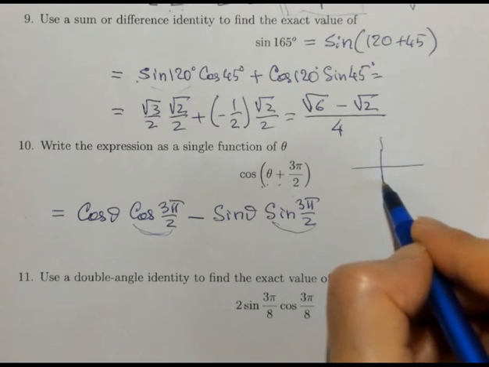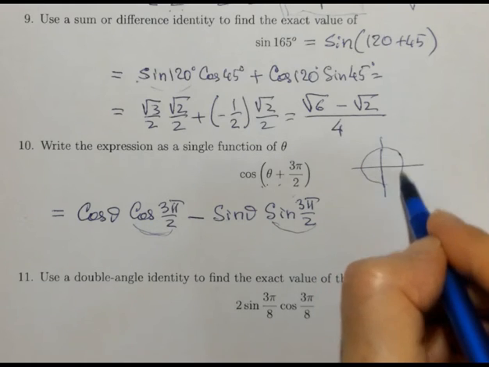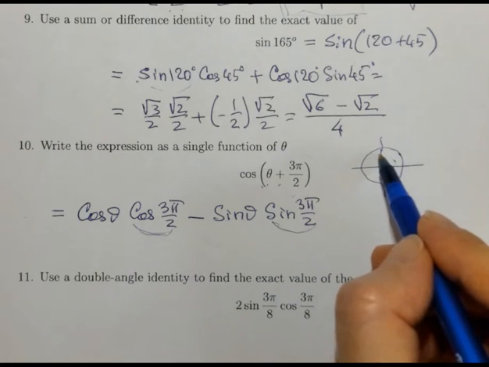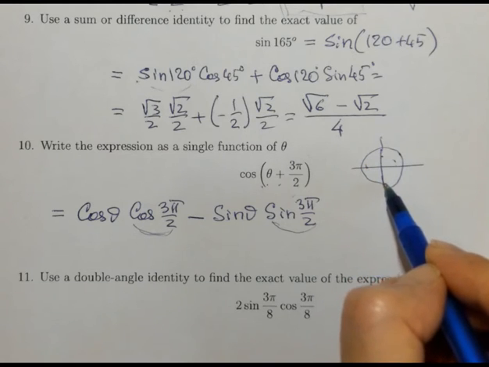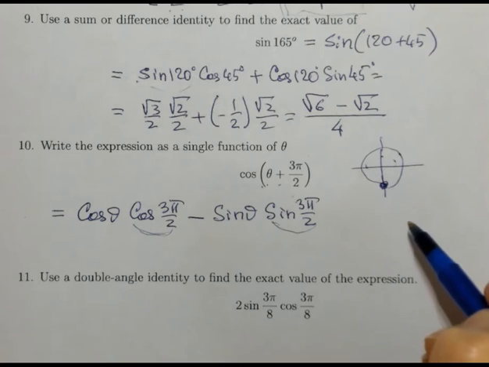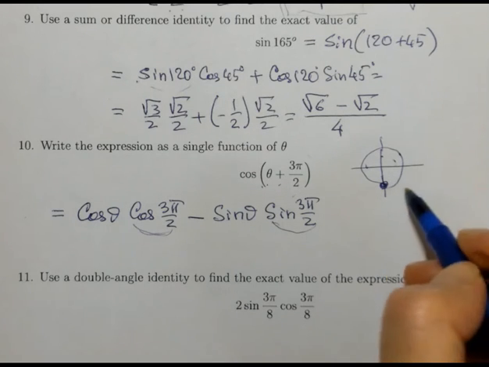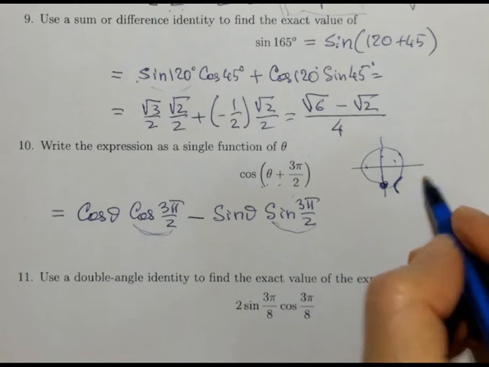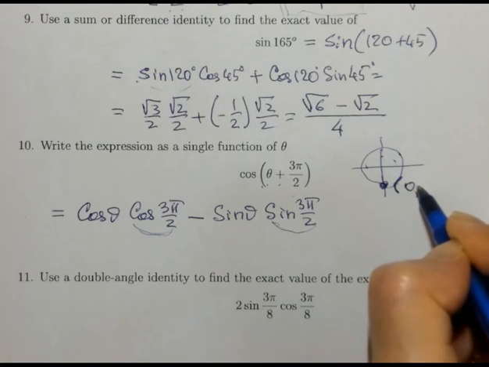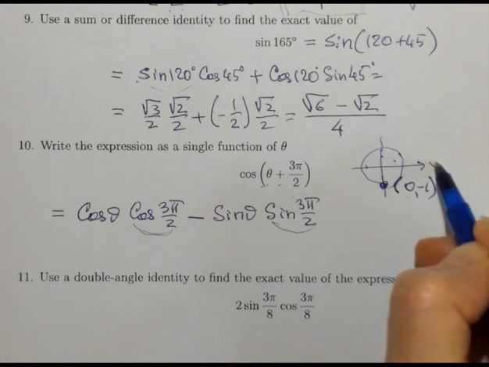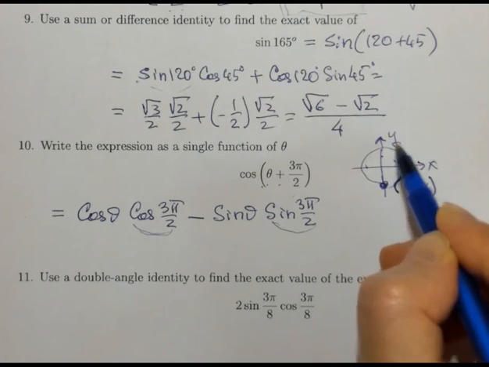Let us locate this angle. 1 pi over 2, 2 pi over 2, 3 pi over 2. 3 pi over 2 is here. It is also 270 degrees. On the unit circle, this point has coordinates 0 and -1. 0 is the x-coordinate and -1 is the y-coordinate.